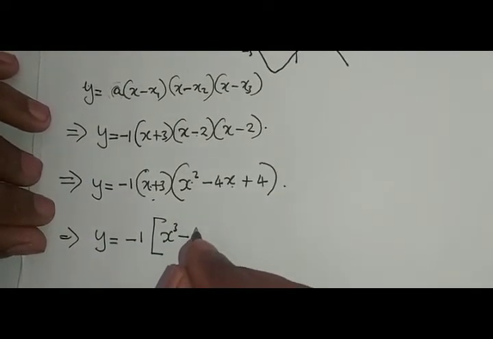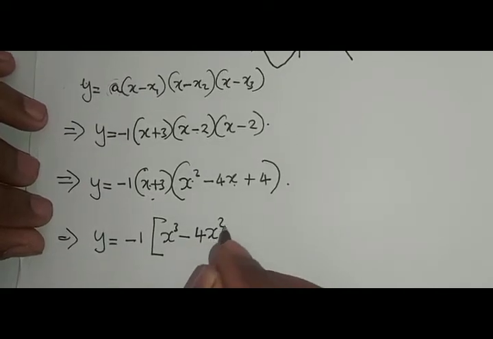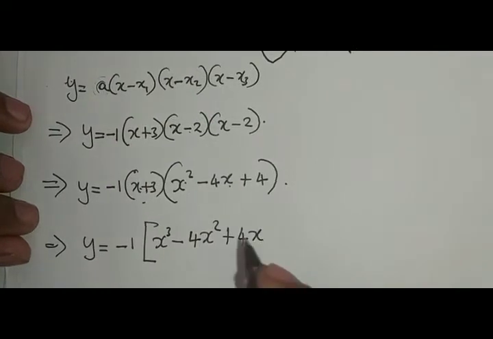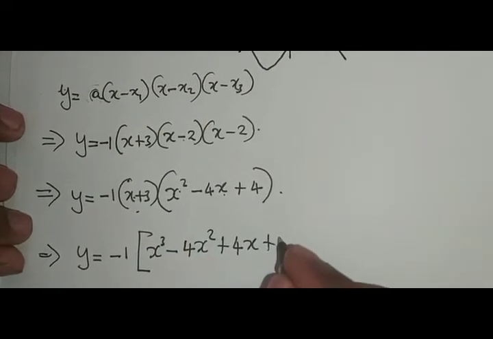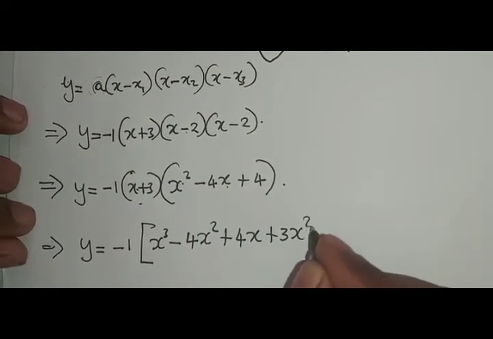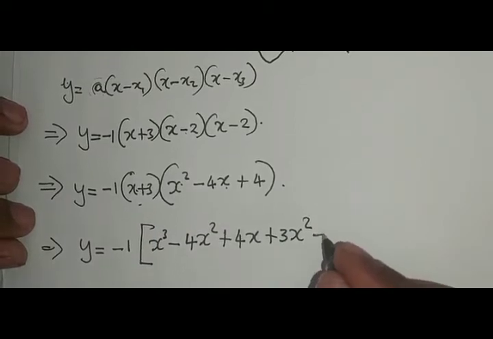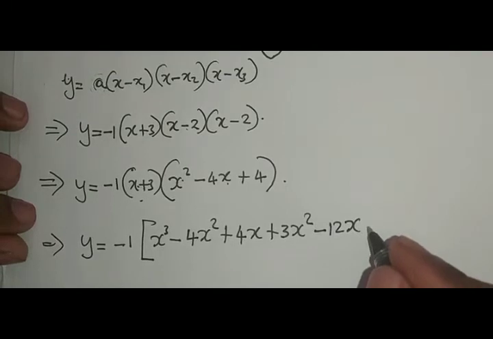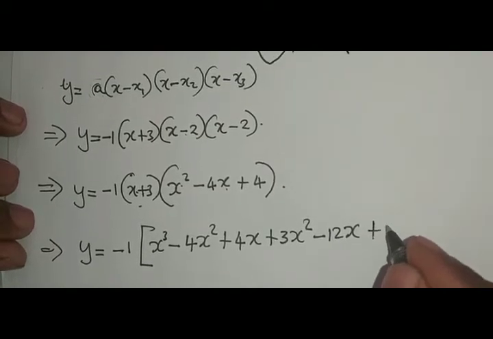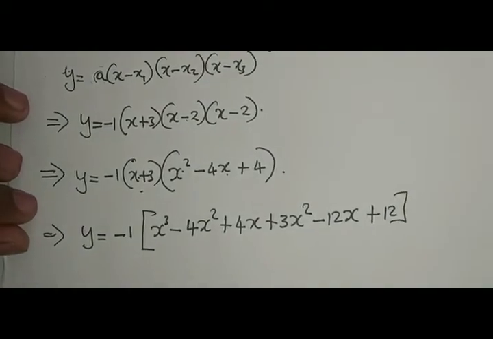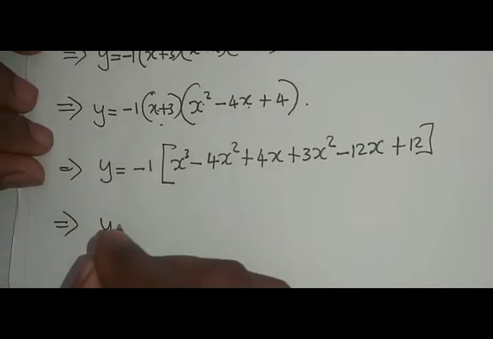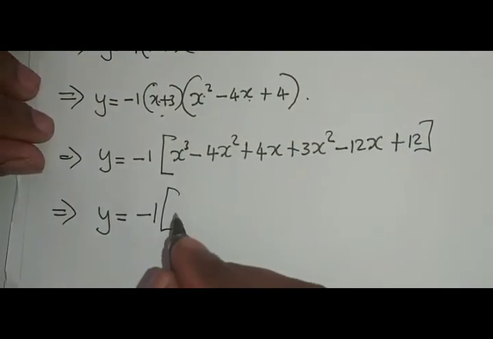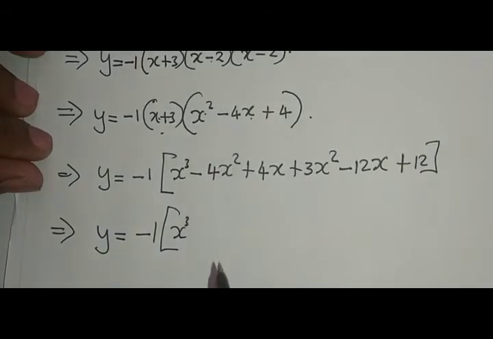There we get minus 4x squared plus 4x plus 3x squared minus 12x plus 12, which means there my y will be equal to minus 1 into x cubed stays.